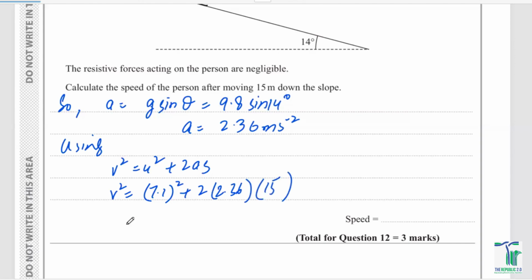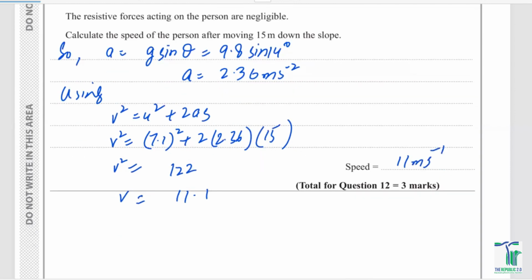By just sorting this down, you would have v squared equals 122. By taking the square root on both sides, you would have v equals something like 11.1. So the speed of this object sliding down the inclined plane is going to be 11 meters per second.